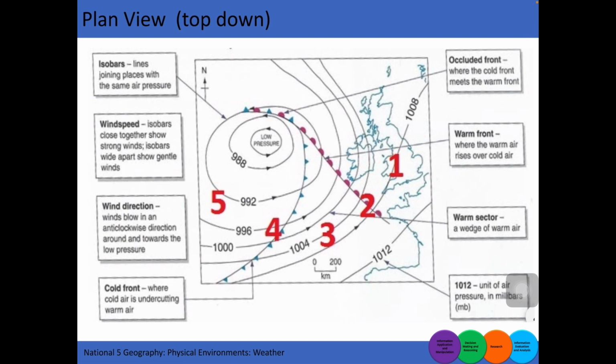When you have the section that is blue triangles and red semicircles, this is called your occluded front. And it essentially occurs when the two fronts catch up with each other, and they're going to give lots of rain in those areas as well. The key thing to remember when we're talking about depressions is that the UK is usually always in a cold air sector.